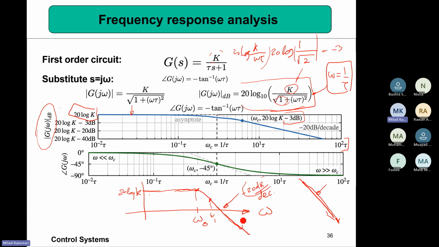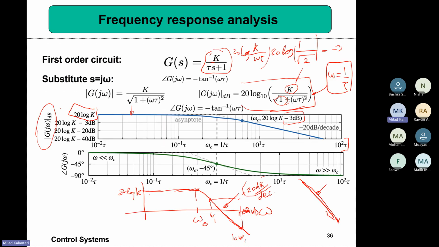So if I go 10 times of omega 1, the drop of the amplitude is 20 dB. That's why we say that for the single order system or circuit, the amplitude at the high frequencies is dropping by negative 20 dB per decade.